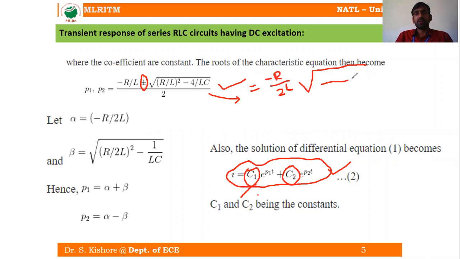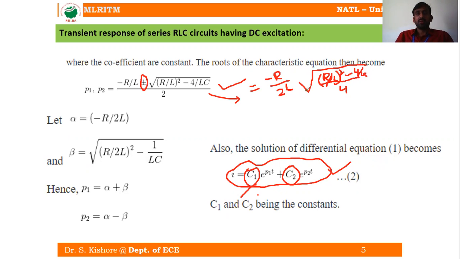So I'm writing here root over 4, R by L whole square minus 4 divided by LC.